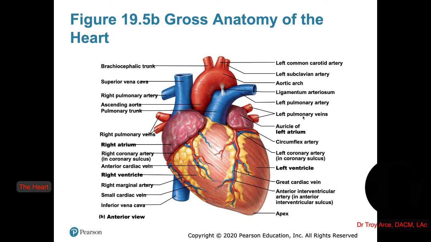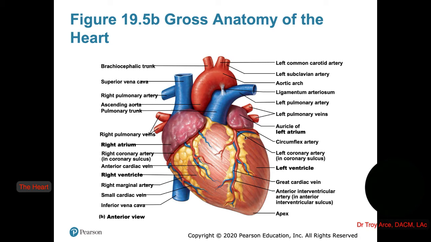So usually veins are blue, right? But these veins right here, the left pulmonary veins and the right pulmonary veins, actually carry oxygenated blood from the lungs into the left atrium.